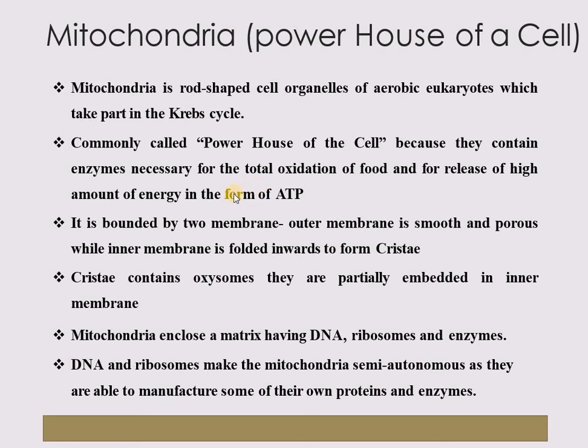And the high amount of energy that is released is stored in the form of ATP. Structurally, it is bounded by two membranes, the outer membrane and the inner membrane. The outer membrane is smooth and the inner membrane is folded inwards to form the cristae. Cristae contain oxysomes that are partially embedded in the inner matrix. And mitochondria is known as the semi-autonomous organelle of the plant body.